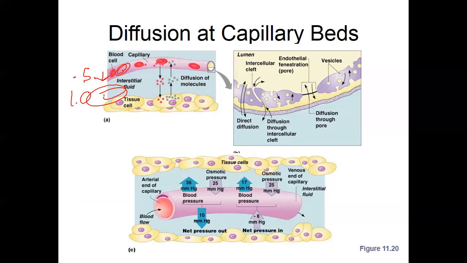Yeah, it's going to want to even this out. So in order to even this out, this is the protein concentration here, 0.5, and the protein concentration 1.0 here. Fluid's going to leave our vascular space to come to our interstitial space.